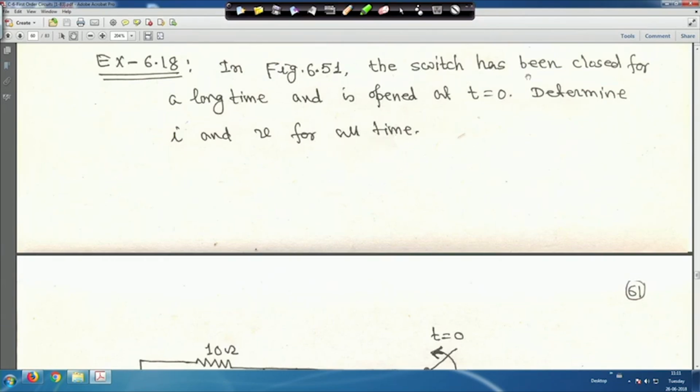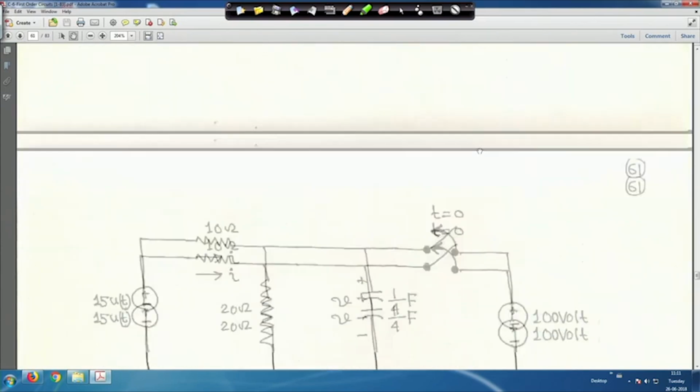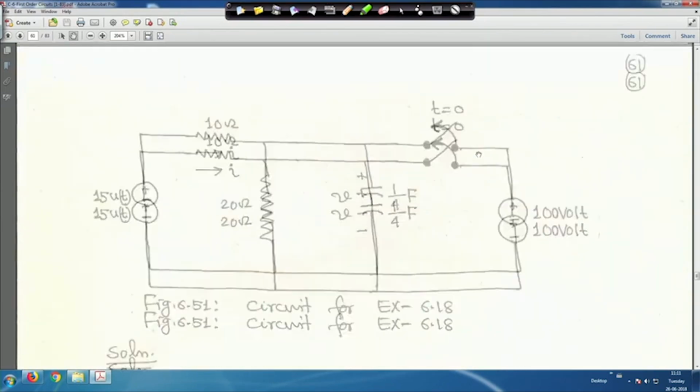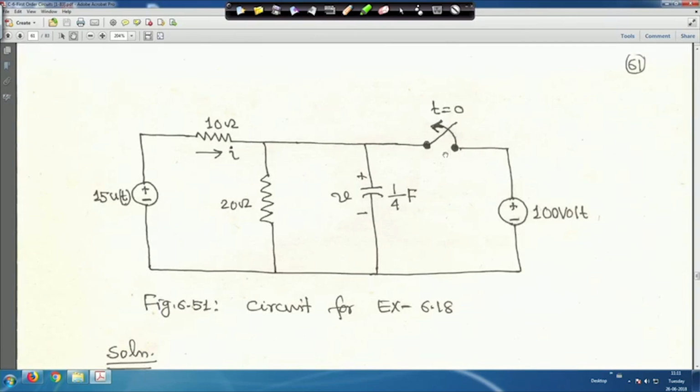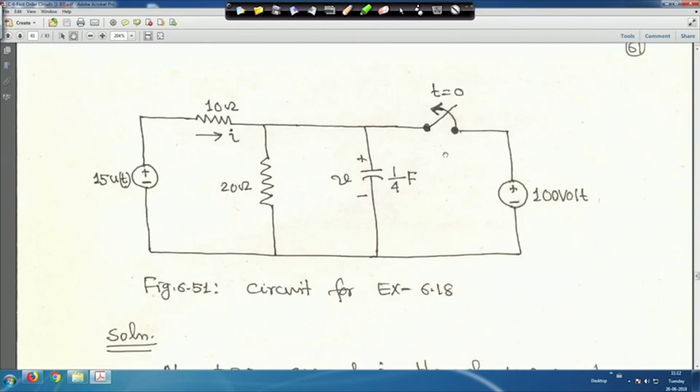It is given that the switch has been closed for a long time, and at t equal to 0 this switch is opened. Now, this 100-volt source is there, but a step input is also there, that is 15 u(t) volt.